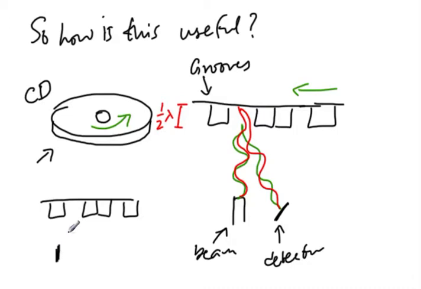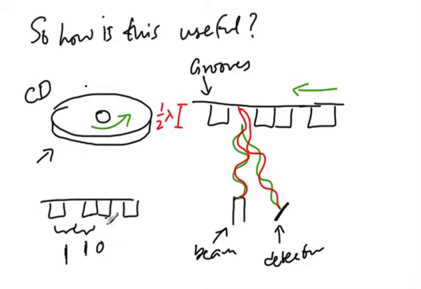So this difference here is read by the beams and the detector, and because there's a difference between a groove and a flat surface, that's a 1. Again, over here, there's a difference between a flat surface and a groove, so that will be read as a 1.